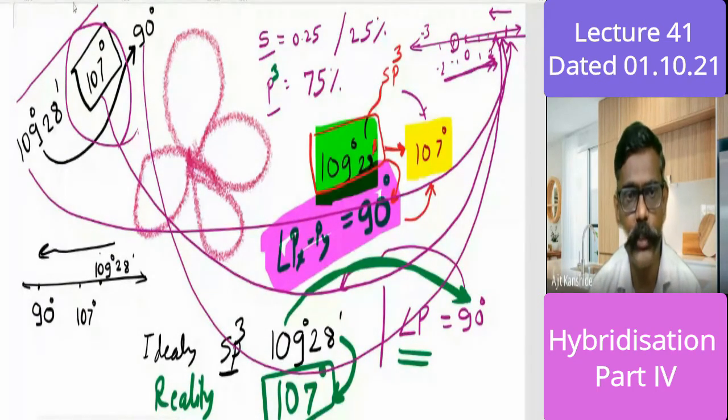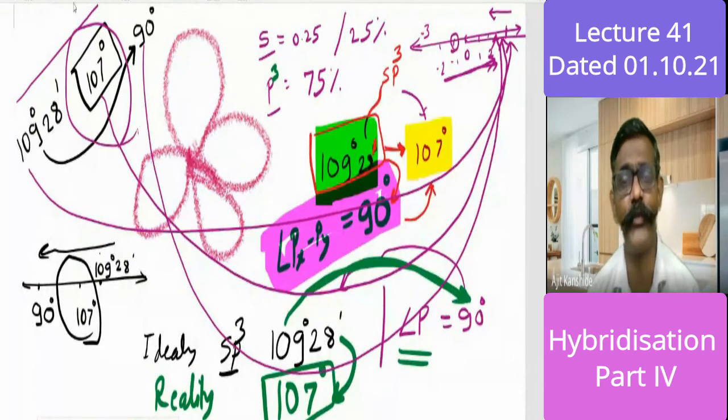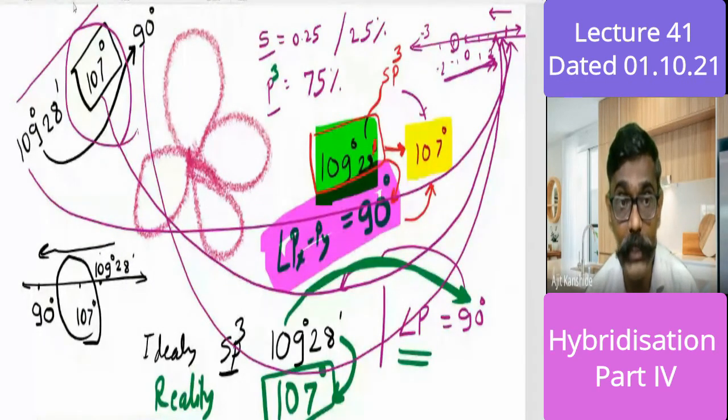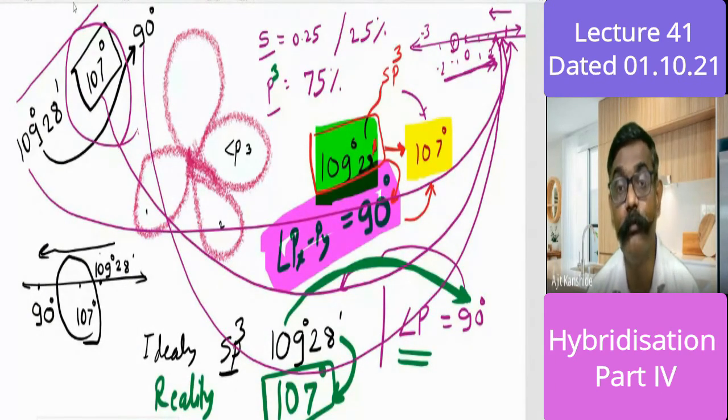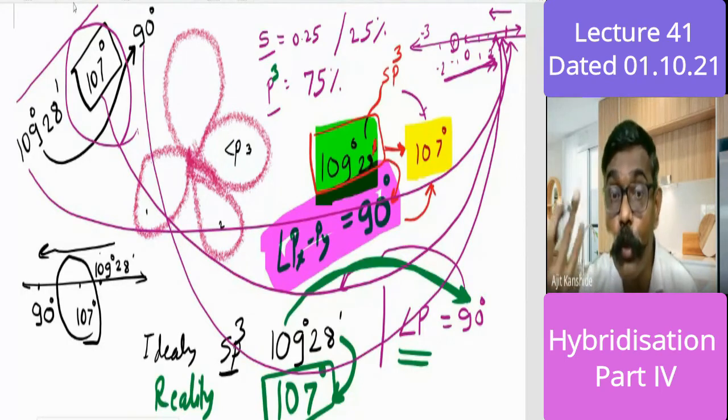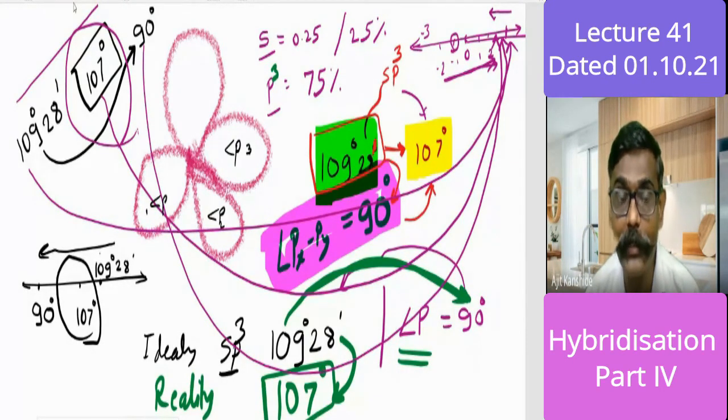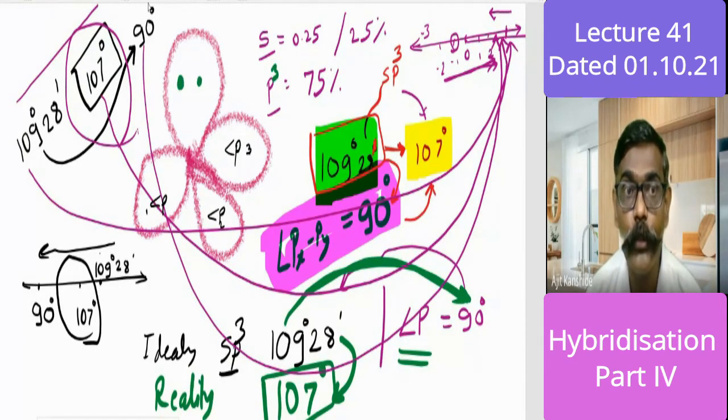107 degree comes, means sp3 orbitals. Say these are the orbitals where hydrogen bonding is there: first orbital, second orbital and third orbital. These orbitals are more inclined towards p, they have more p character, and the orbital where the lone pair is there should have more S character.